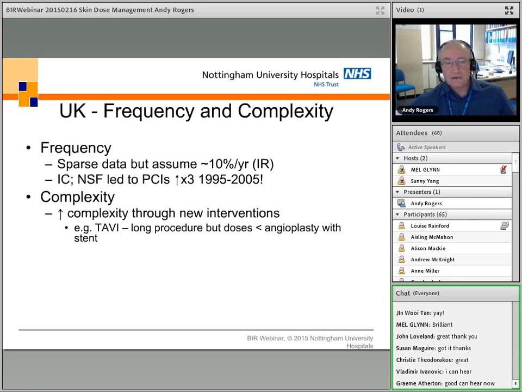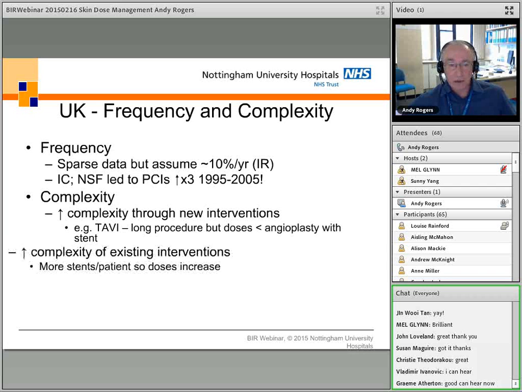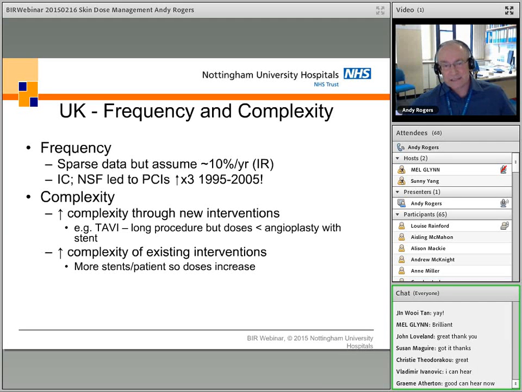So we've seen more complex things coming along, but we're also seeing the existing stuff getting more complex in itself. So probably on average, certainly in Nottingham, we're seeing more stents per patient as we try and do more and more complex opening up of arteries. That definitely leads to an increased dose.